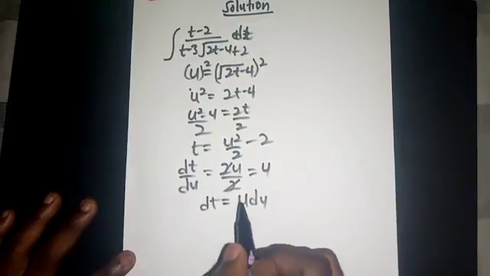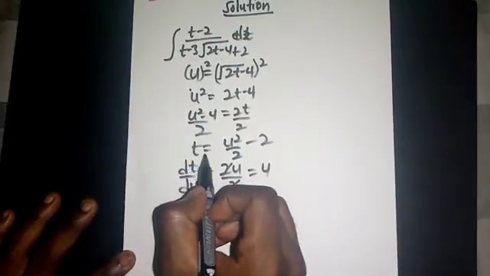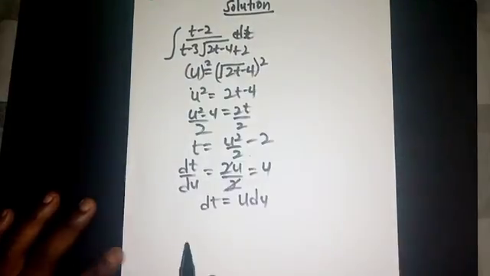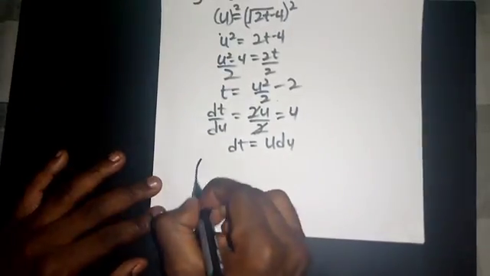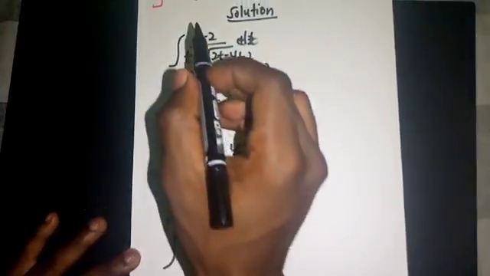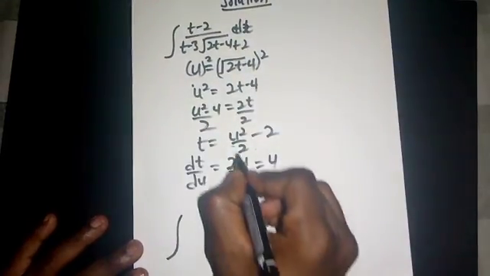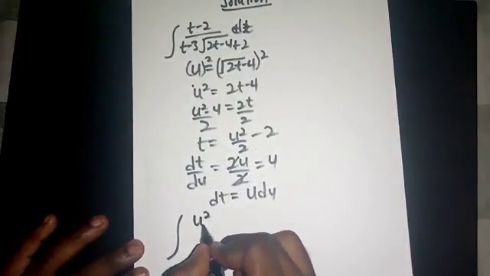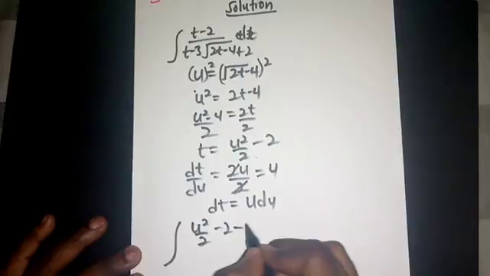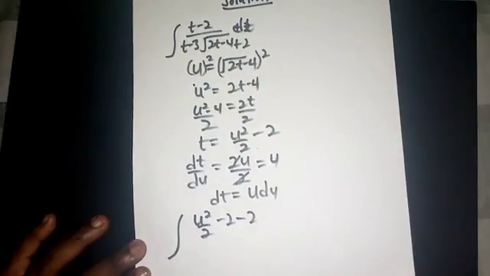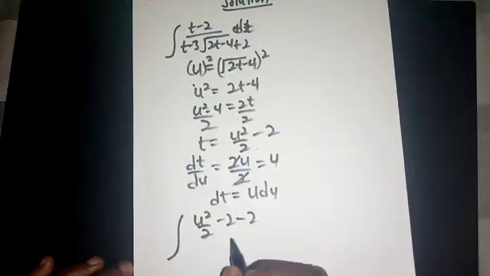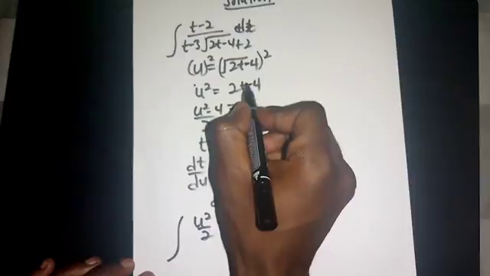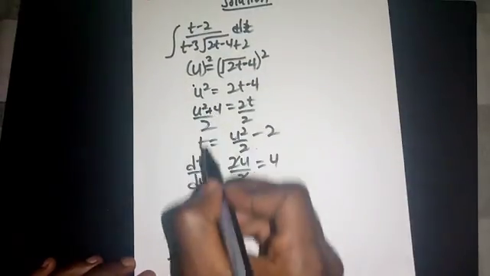Now I'm going to substitute the expression for t and dt into the general integral. So let's do that. Because we have t − 2, t is just u squared over 2 plus 2, minus 2. This is minus, and also it is minus, so when it crosses it becomes positive.